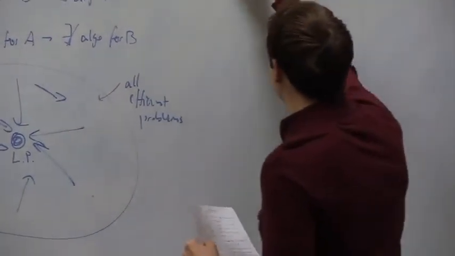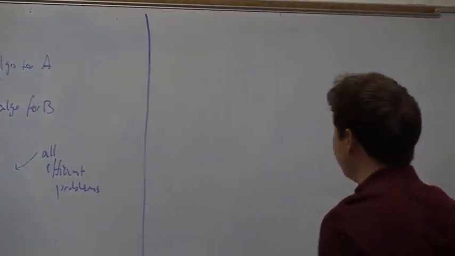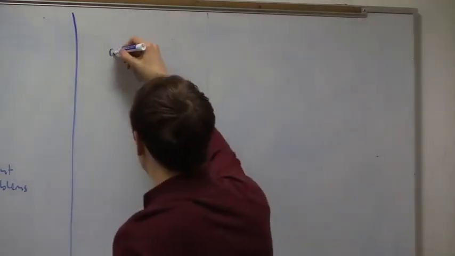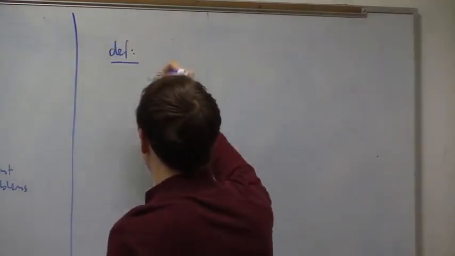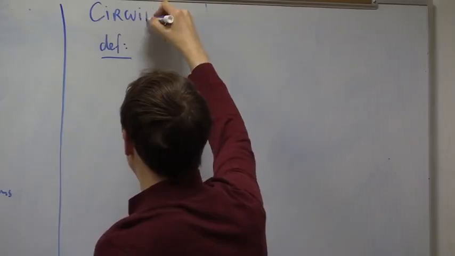All right, so before we get there, there's a couple of definitions that we need to go through. The first one has to do with introducing the notion of the circuit value problem.